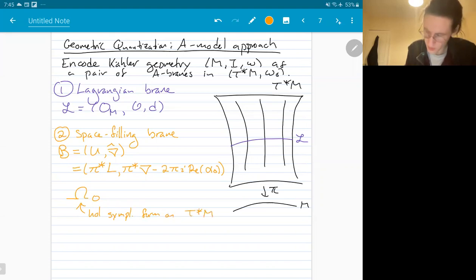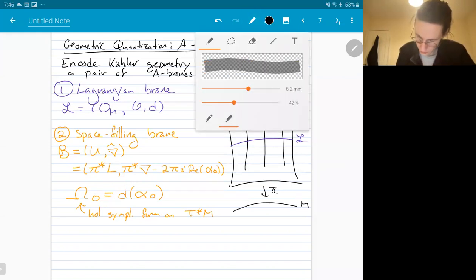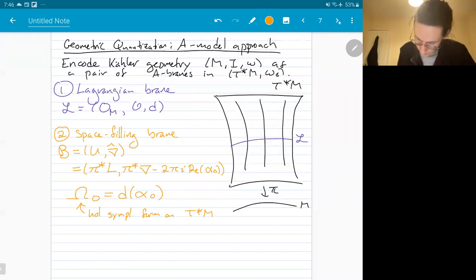This comes from the complex structure I. And this thing has a primitive, a holomorphic primitive, which is alpha naught. So d of alpha naught is omega naught. It's the canonical primitive. And so what we're adding on is not all of alpha naught, but just the real part. So this gives you a deformation of the pullback of the connection. So if I draw this brane, it's living on the entire space.